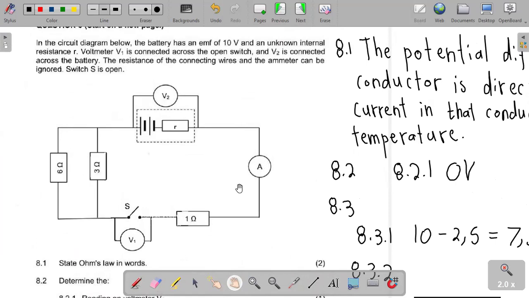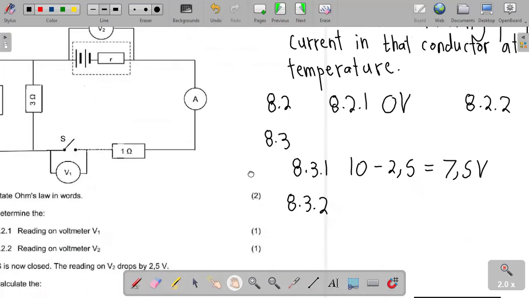So what do we have here? We don't have the internal resistance, and we also don't have the total voltage of the circuit. The total resistance, I meant to say. The total external resistance, which consists of 1, and we have 6 and 3 here, connected in parallel to each other.